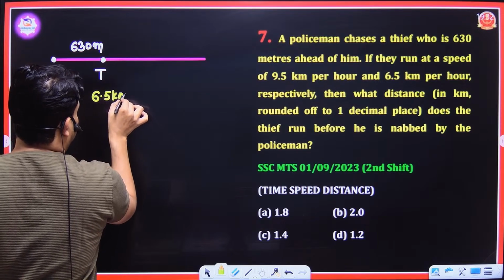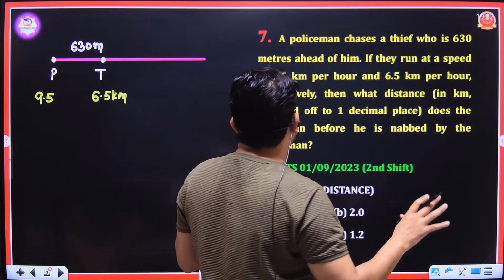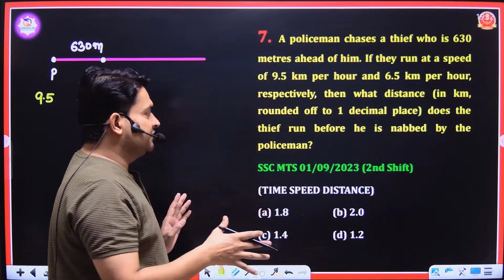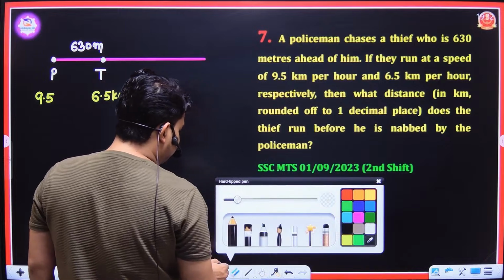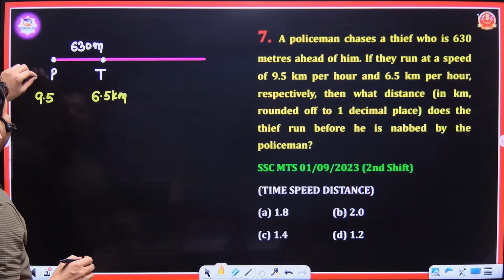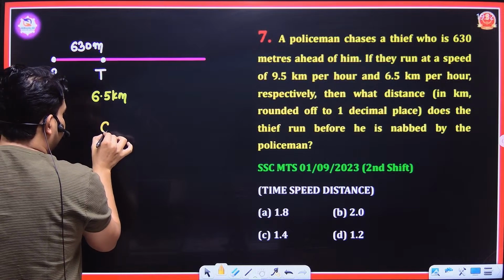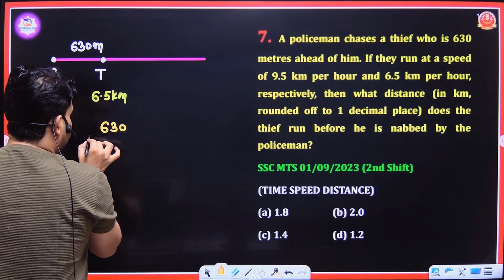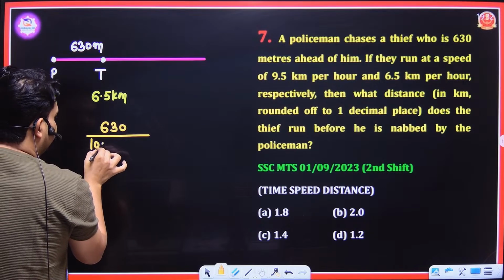If the policeman wants to catch this thief, then the policeman has to diminish this distance, and this distance is 630 in meter, but I will convert it into kilometer.